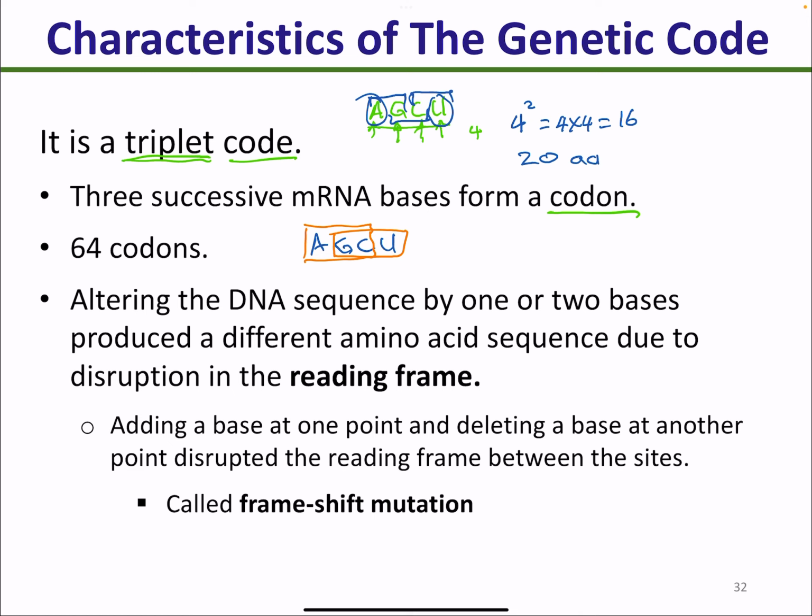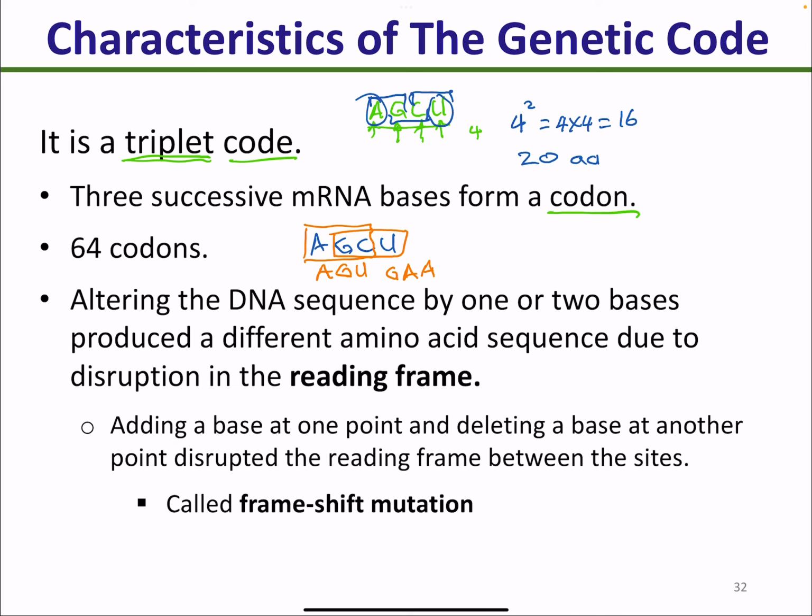Then we're going to have A, G, U. We're going to have G, A. It's a possibility, right? So you have many possibilities, right? But how many possibilities do we have?